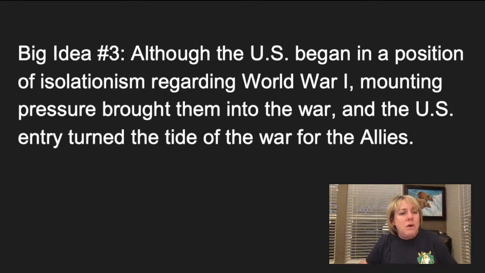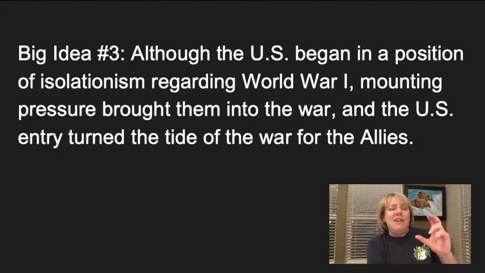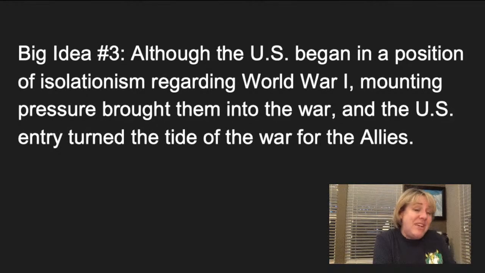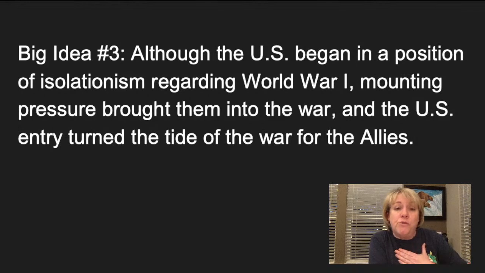So it's signed. Wilson comes back, and here's what he's got to do. He's got to get Congress to ratify the treaty. But Congress had a real problem with that League of Nations. They didn't like that somebody else had sovereignty and somebody else could actually pull us into a war without our approval.